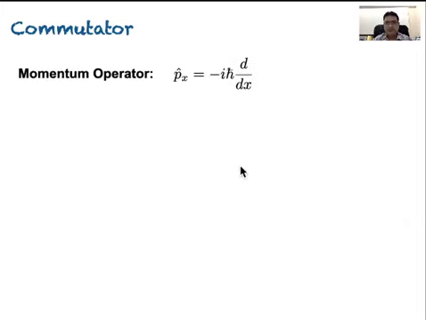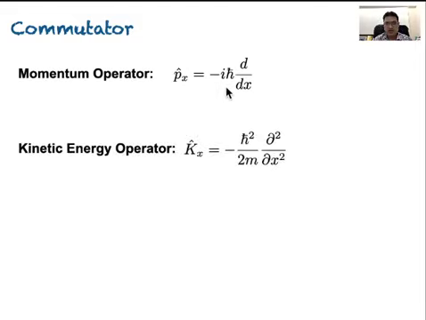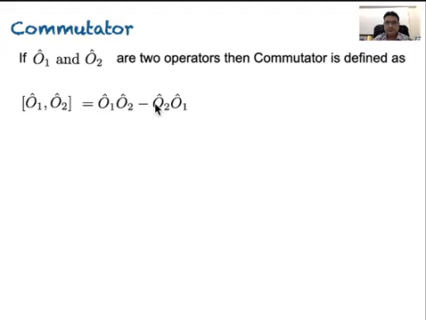Okay, now we know that the momentum operator is written as minus i h cross d over dx. The kinetic energy operator is written as minus h cross squared over 2m d2 over dx2, and the energy operator is written as i h cross d over dt. Okay, so now this is a definition.